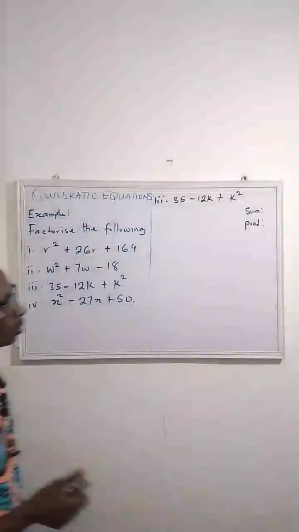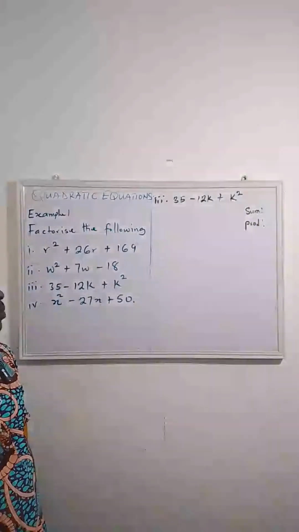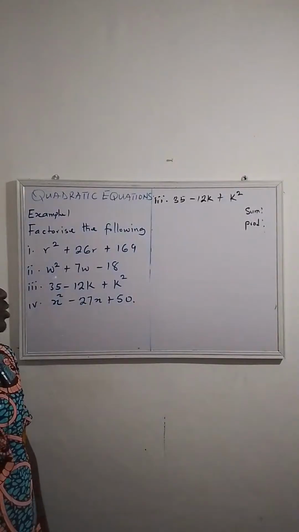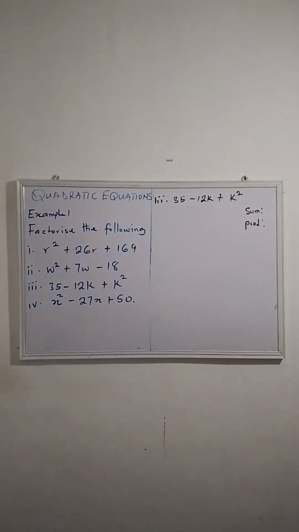The sum and products. Can you tell me what's going to be the sum? What is the product? I want to be sure if you can identify that. What is the sum and what is the product for that quadratic expression?